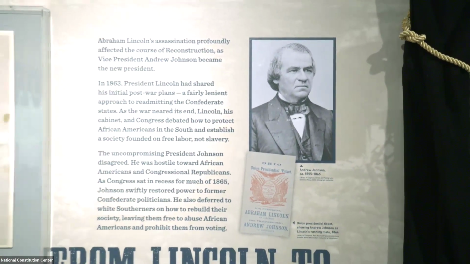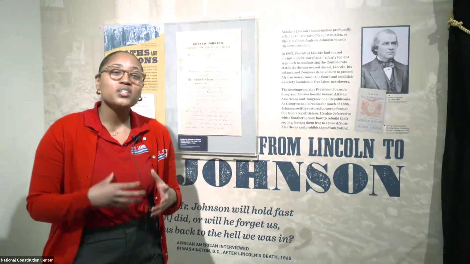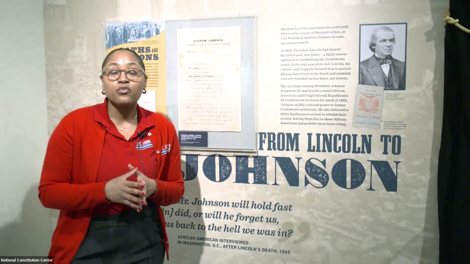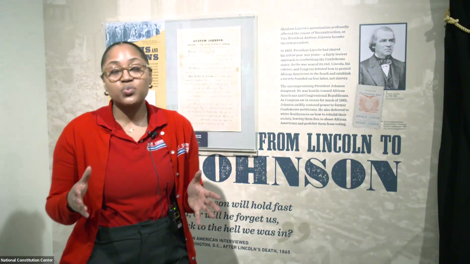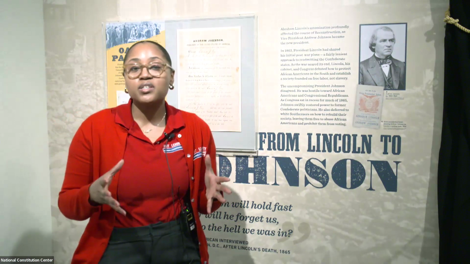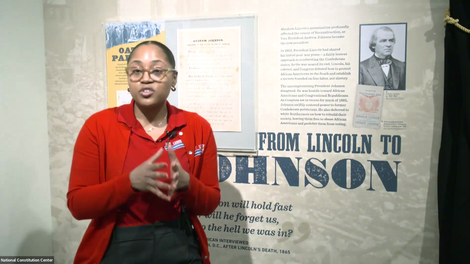So a lot of what President Johnson wanted to do was, he really didn't want to promise the upward mobility of formerly enslaved African Americans within the United States. He was, in fact, really against that upward mobility and didn't really want African Americans to pursue the things they wanted to pursue, right?